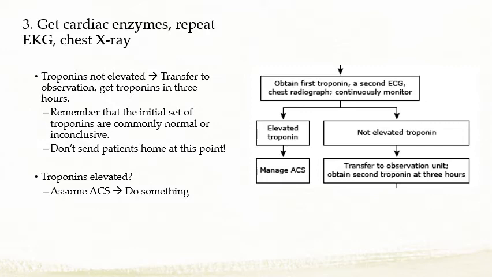So troponins haven't changed, send them to observation, get your second set, okay? Remember that the initial set of troponins are normal or inconclusive, so you don't send someone home just because they've got normal troponins at this point. The easy part of this algorithm, if they're elevated, send them off, right? That's easy.